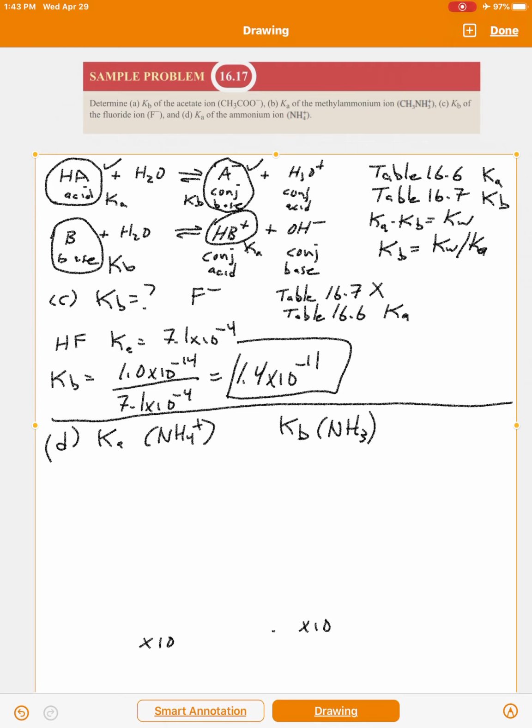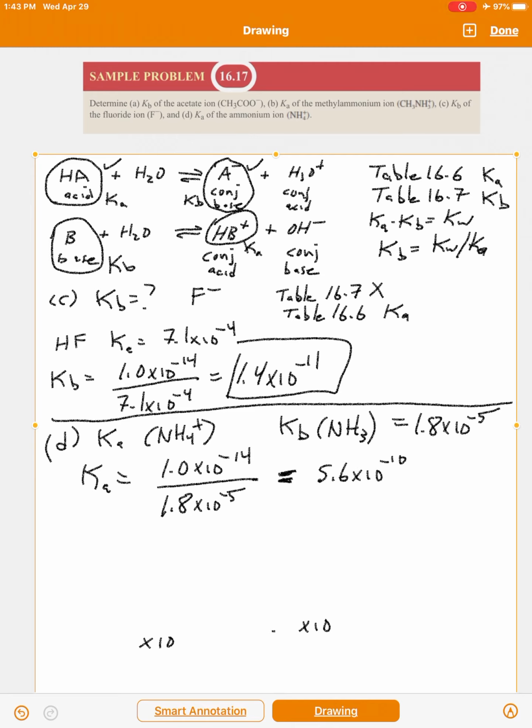Remember, the acid has an extra H+, the base has one fewer H+. So we're going to look up the Kb for NH3. Well, that's easy. We did that in a previous problem, and it's in table 16.7. So Ka here would be Kw over Kb. And you actually get the same answer we got for part A, 5.6 times 10 to the minus 10, because the numbers are the same.